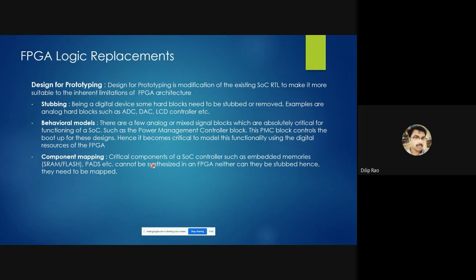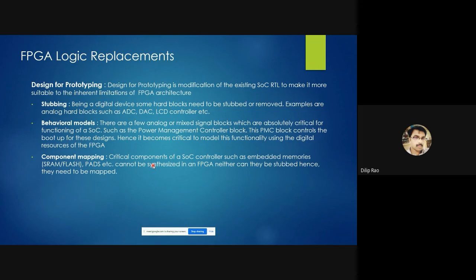I will also talk about another important aspect: we have an analog block in an ASIC. Currently ASICs and SoCs come with a huge, highly capable analog part. That's however not the case for an FPGA. You don't really need to have analog at all. Analog models need to be a bare minimum because analog cannot be implemented. FPGA is completely in the digital domain, so analog functionality cannot be implemented.